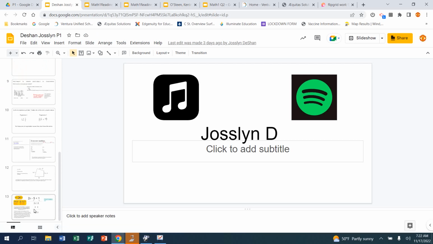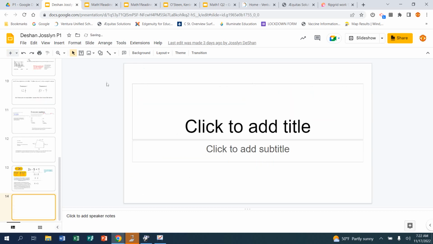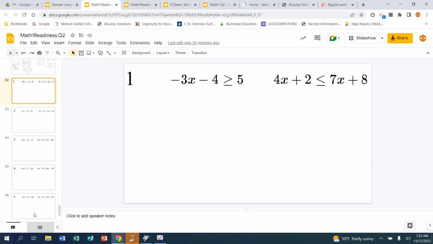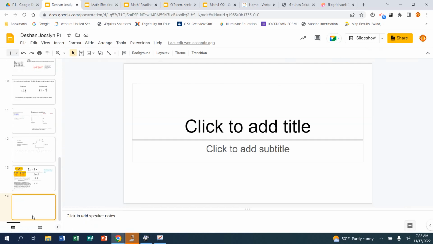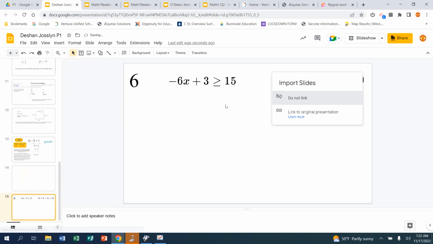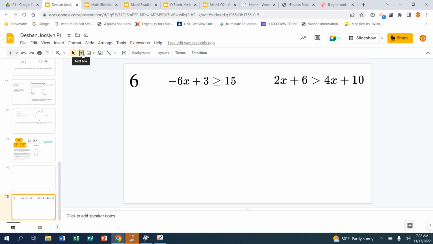So it looks like this person's in row 6, so I would go to the row 6 problem if I'm part of row 6.